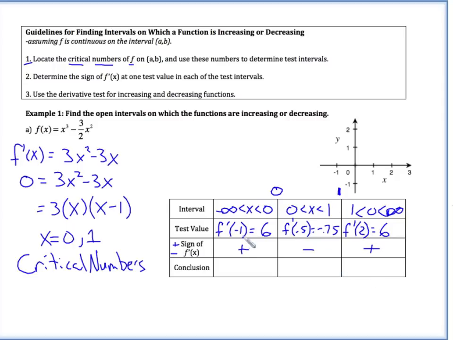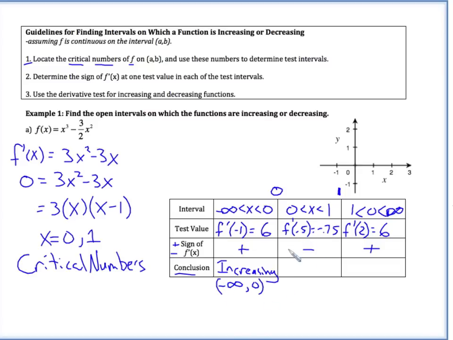Okay, so what that means is, let's do our conclusion. On this interval right here, our derivative is positive. Therefore, we say this is increasing on this interval. The interval is -infinity to 0, and that is an open interval.